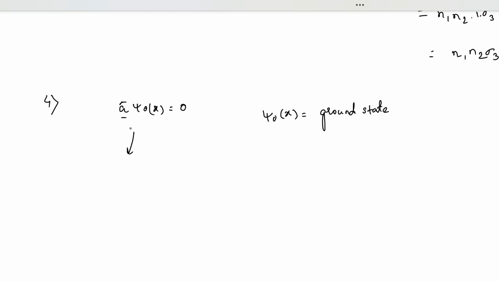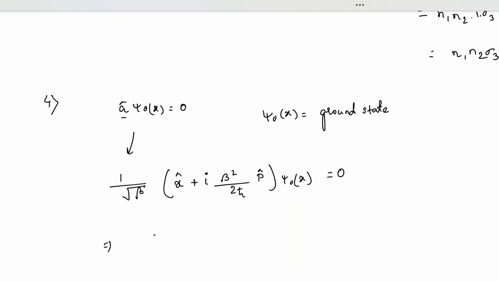Now once you know this relation, you put down the given form of the annihilation operator, which is 1 by root over beta, then x cap plus i, the imaginary i, beta squared by 2h cut p cap, acting on psi naught x equal to 0.